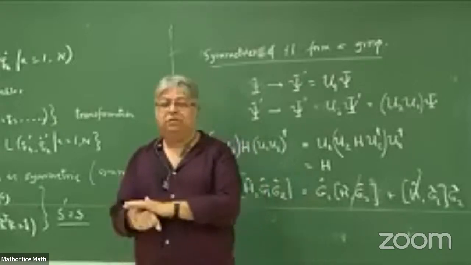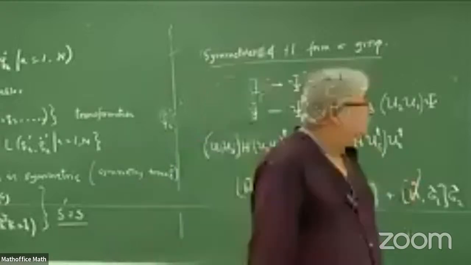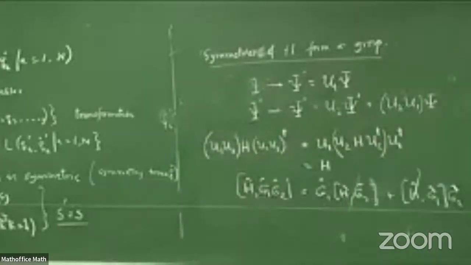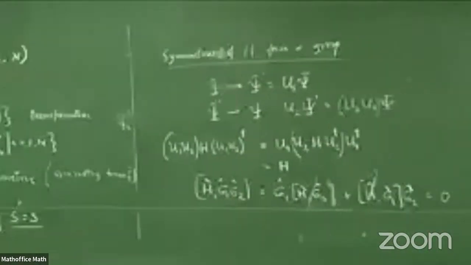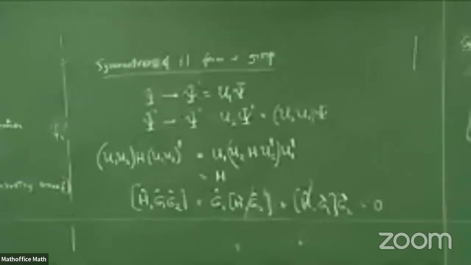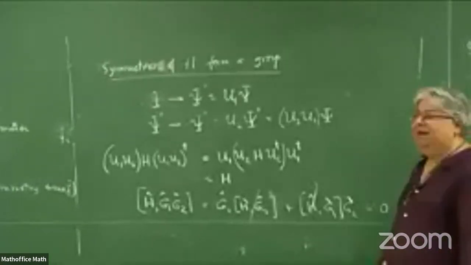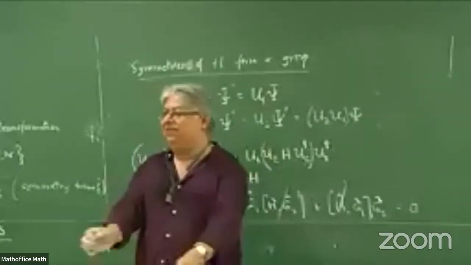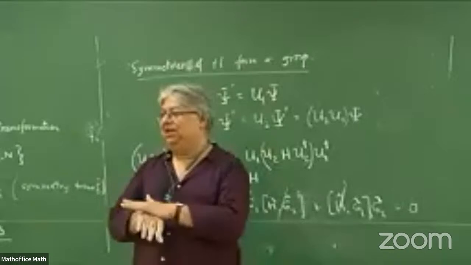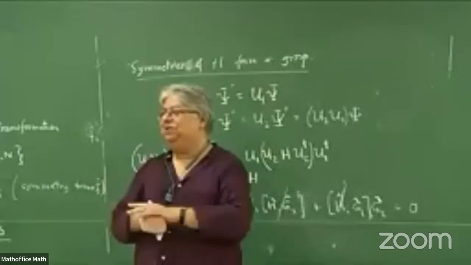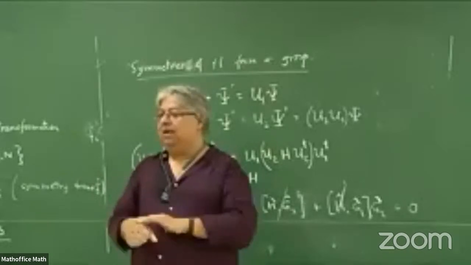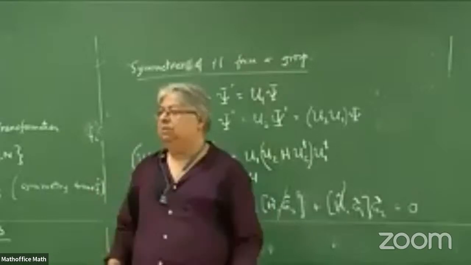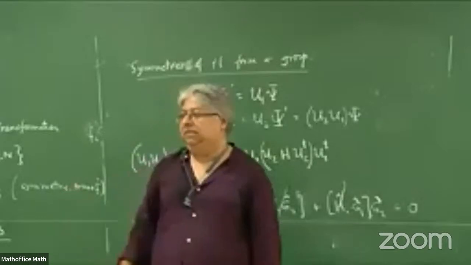So the constants of motion are sometimes called good quantum numbers. Good because whenever you do the experiment, they don't change with time. So the good quantum numbers, constants of motion, and conserved quantities are all the same.